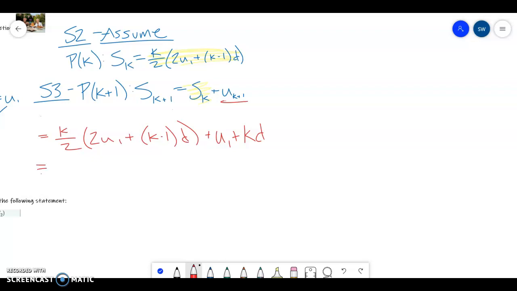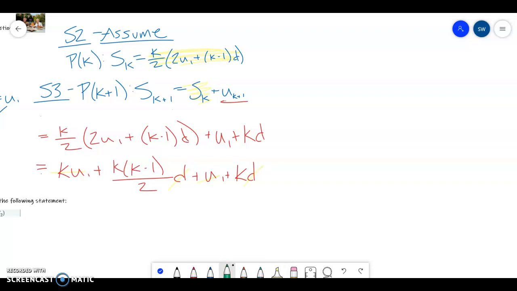So let's start by distributing k over 2. So we would get ku1 plus k minus 1 over 2 d plus u1 plus kd. So if you notice, we have 2 terms with u1 and 2 terms with d in them.